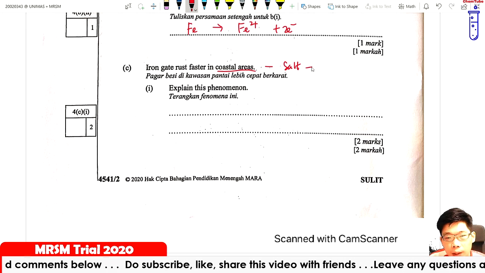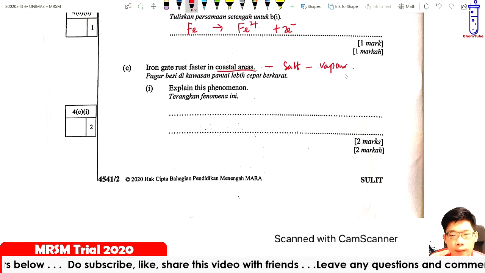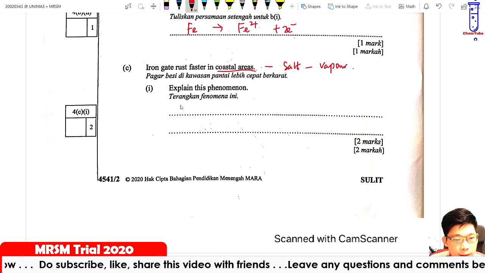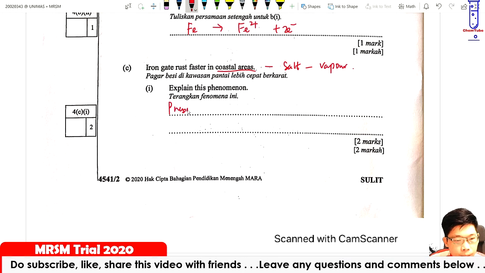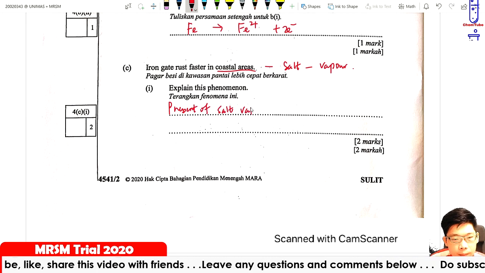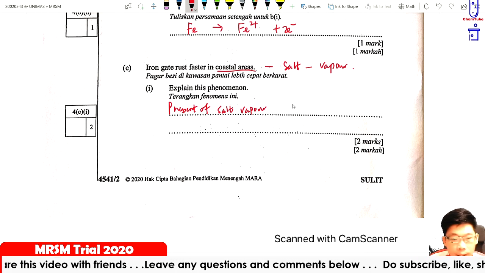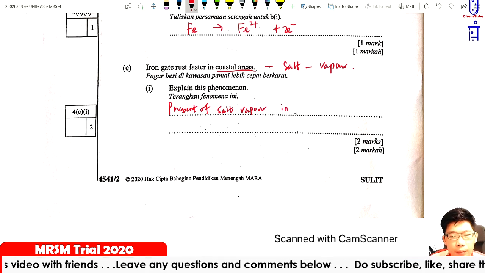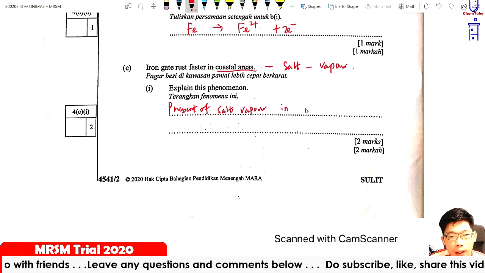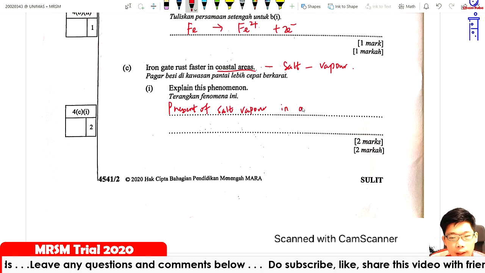Normally you can form salt vapor easily, meaning that near the coastal area you will be forming salt vapor in the air.